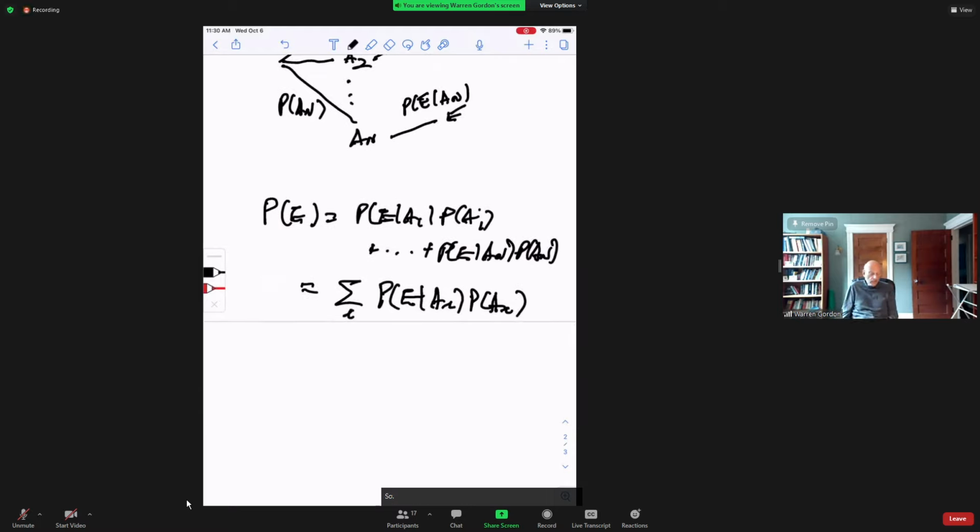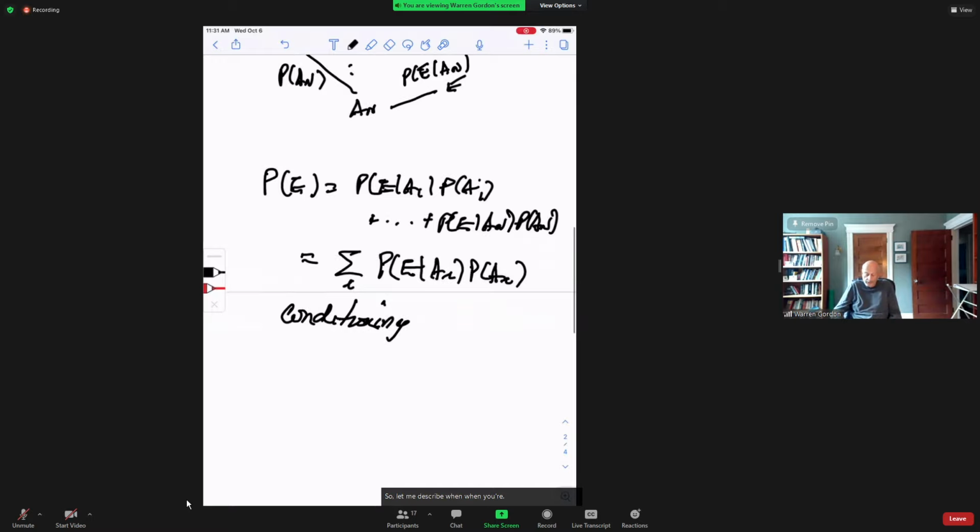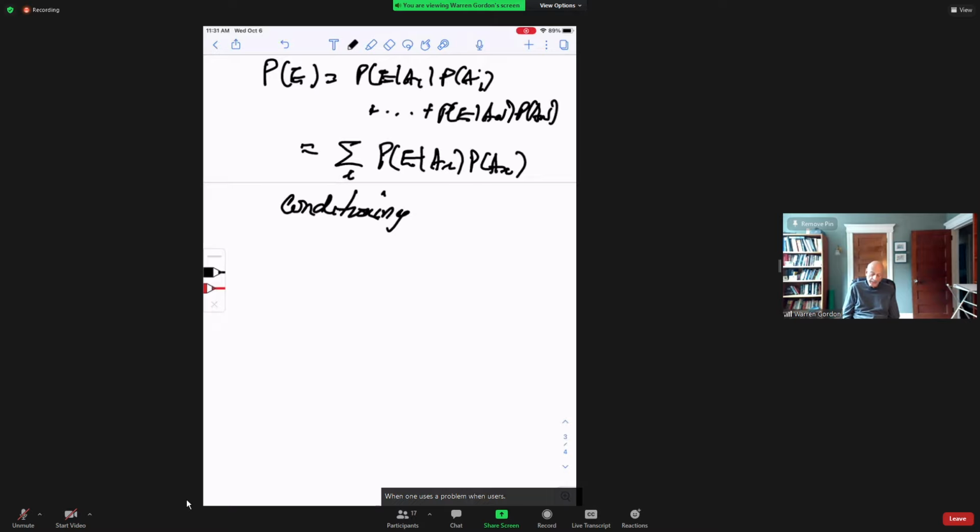So what I want to do now is show you how this could be used. And by the way, it's called the law of total probability. Some people call it conditioning. So let me describe when one uses this. Typically, a problem is to find the probability of A given B. Now, up until now, for the most part, we didn't really need a formula to do this problem.